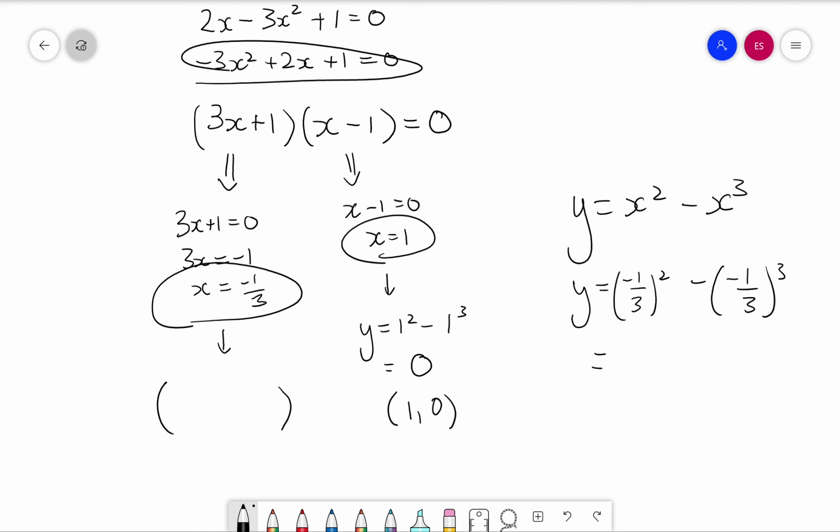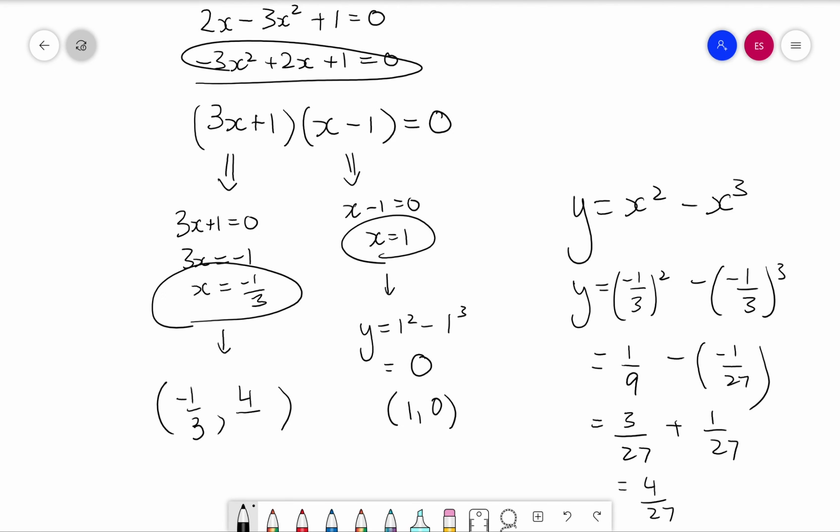So that'll become 1 on 9 minus, and that'll be minus 1 on 27. So 3 on 27 plus 1 on 27, which is 4 on 27. So our second coordinate will be negative 1/3 and 4 on 27. Alright, so these will be our answers.